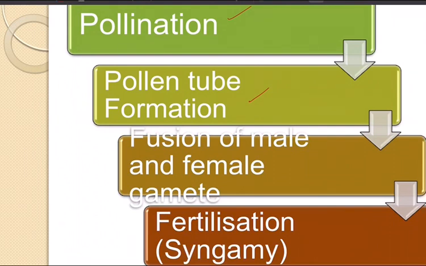Through the pollen tube, male nucleus 1 as well as male nucleus 2 will start traveling, and male nucleus 1 will fuse with the female nucleus. As a result, fertilization takes place and the zygote will be formed. This formation of the zygote because of the fusion of male nucleus 1 and the female nucleus is syngamy. So this is how fertilization starts. In our next class we will discuss how exactly this syngamy takes place.